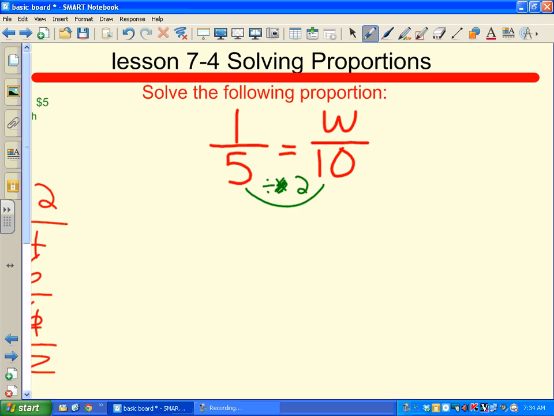And if we divide 5, nope, sorry, we multiply by 2. 5 times 2 gives us 10. Also has to be true for the top. 1 times 2 has to give us W. And if 1 times 2 is 2, 1/5 equals 2/10. We know that to be true. But then we have to write our answer as the variable W equals 2. And we're done.